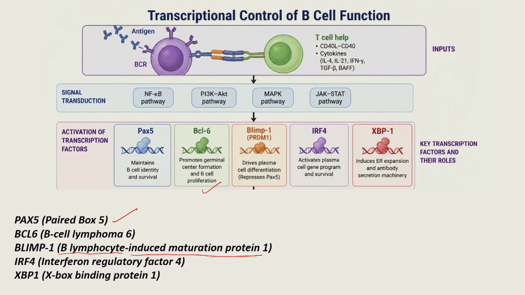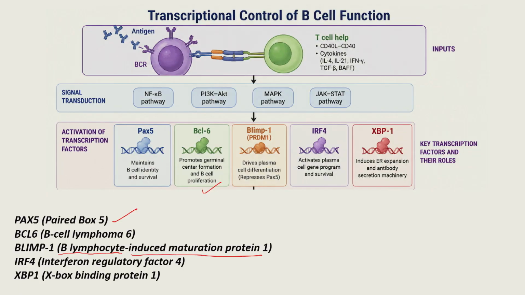One such factor noted for this protein is that it can downregulate PAX5 expression. That means if we have more expression of BLIMP1, there could be less production of PAX5. So there could be protein inhibition by the expression of other proteins. So this is one such protein which is responsible for cell differentiation.